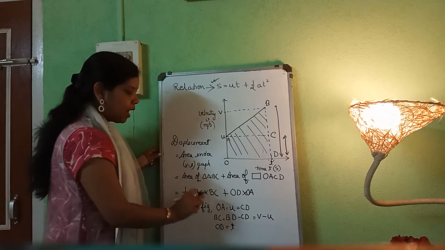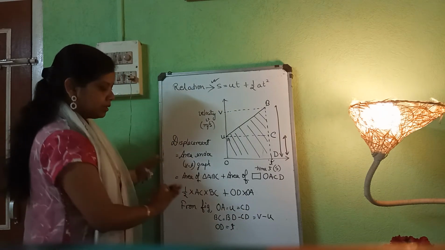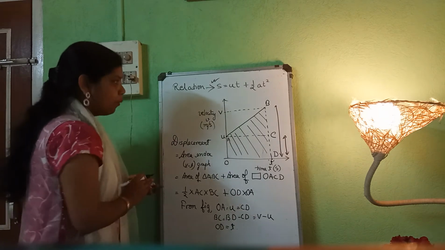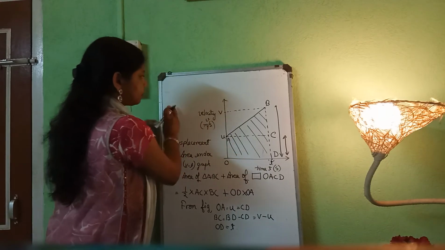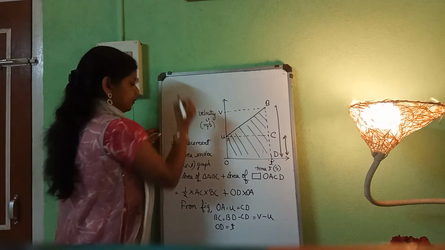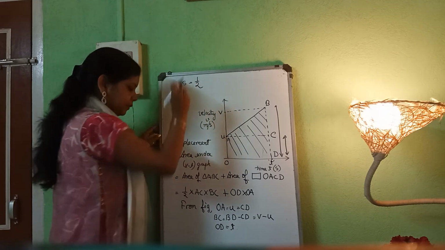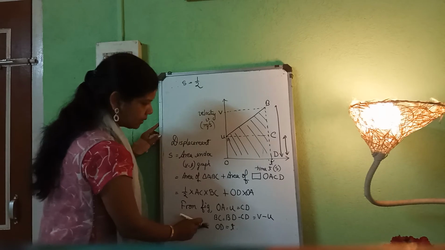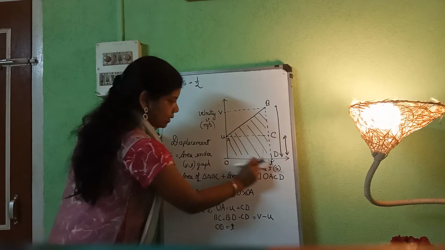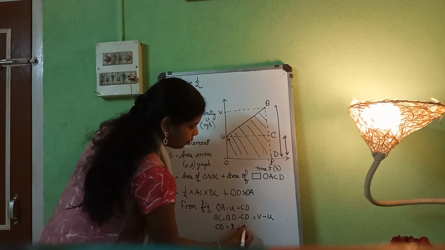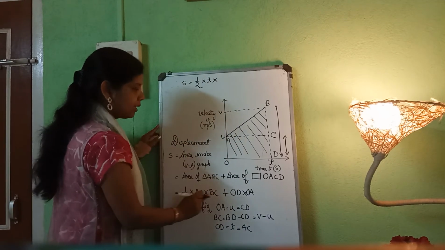Next, we will substitute these things here. Therefore, displacement S is equal to half into AC. We have AC equals OD equals T, so into T, into BC.